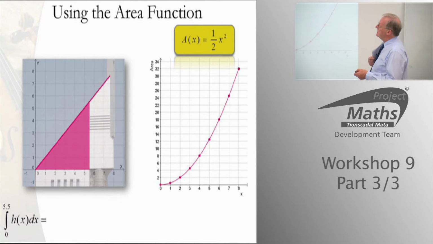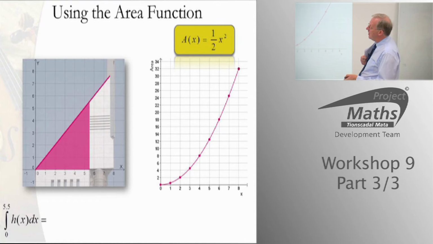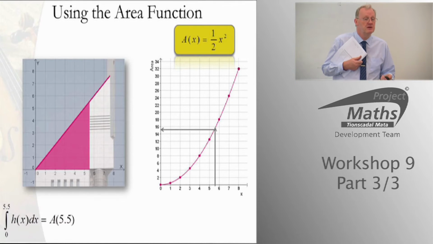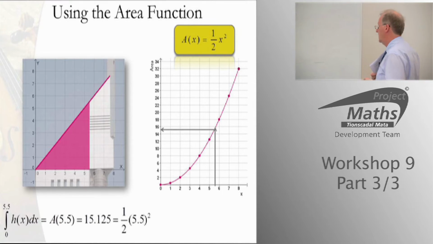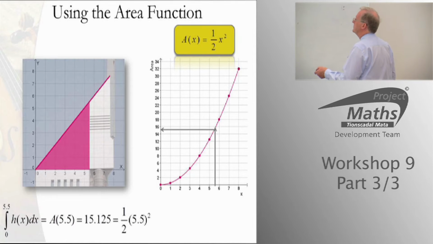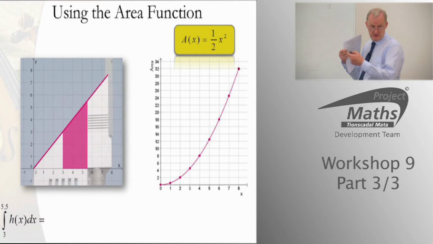Find the area underneath that line from 0 to 5.5. Quickest way of doing it, we have an area function. It's the value of the area function at 5.5. Read it off the graph if you wish, or plug it in, whichever.